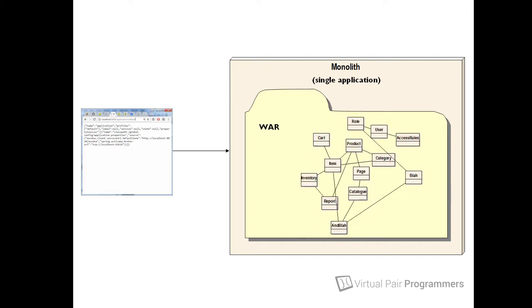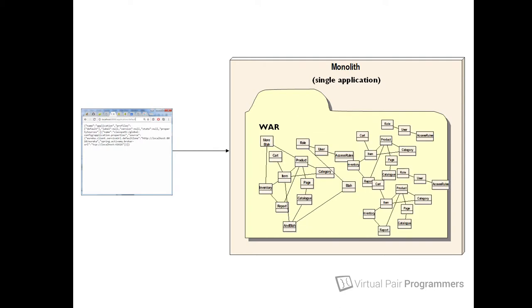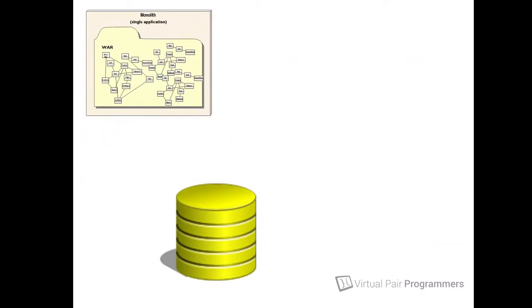And that would go on and on and on. I'm sure that you've worked on one or many of these systems in the past. And of course, the natural thing is that over time, they get bigger and bigger and bigger, encompassing more and more different business requirements. And usually, of course, there will be a global database backing this application.